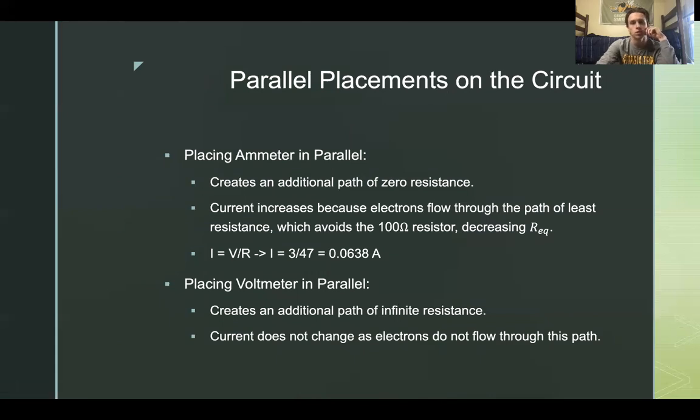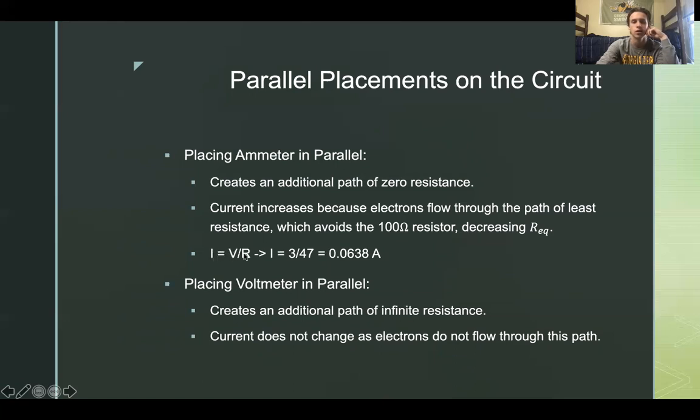Parallel placements on the circuit for the ammeter and voltmeter. When you place the ammeter in parallel, it creates an additional path of 0 resistance. Current increases because electrons flow through the path of least resistance, which avoids that 100 ohm resistor, which decreases our total resistance.